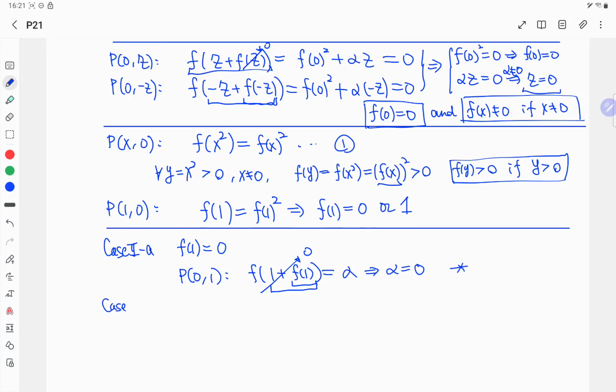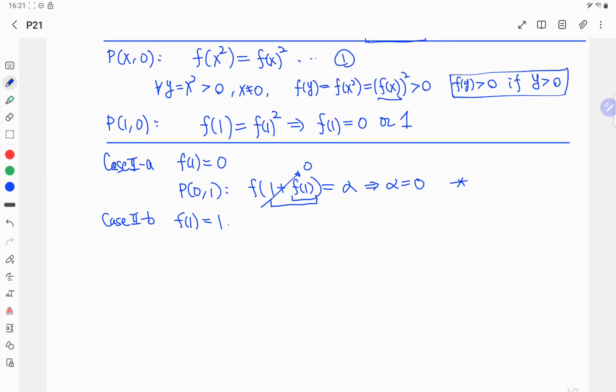So for case 2b, we have f(1) equals 1. In such a way, we have P(x, 1), which is f(x²) plus 1 plus f(1) equals f(x) quantity squared, which is f(x²) according to equation 1, and then plus alpha times 1, which is alpha.